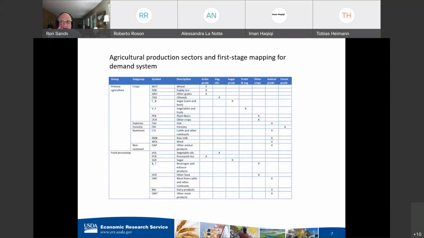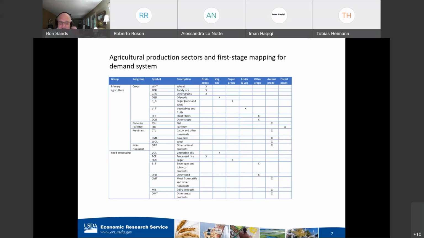So the consumer demand system is actually important here, and this was done in conjunction with Sherman Robinson, who helped out a lot with us talking through how we should do this.